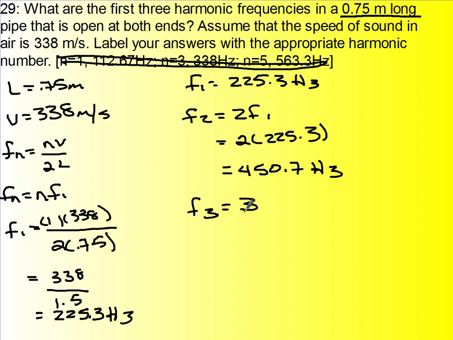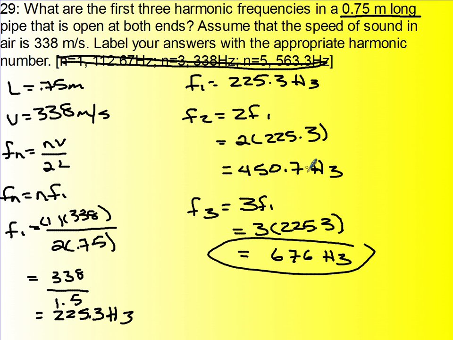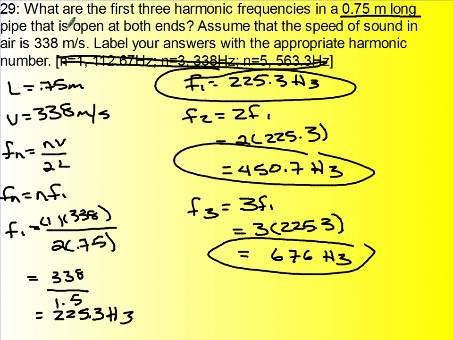F3 is 3 F1. So it's 3 times 225.3. And that gives me 676 hertz. There you go. And it's open.